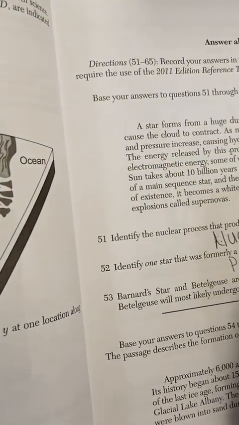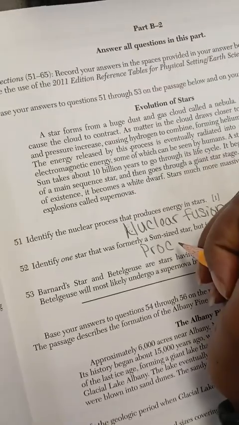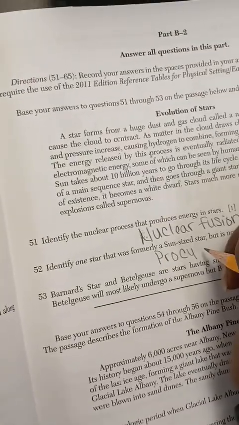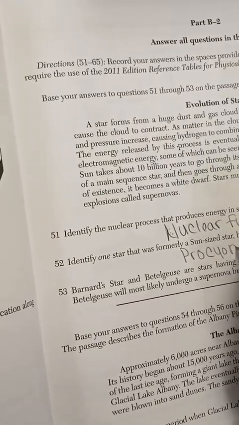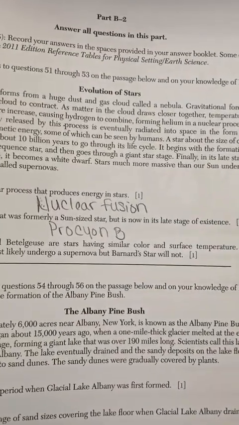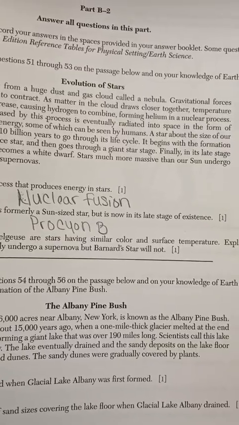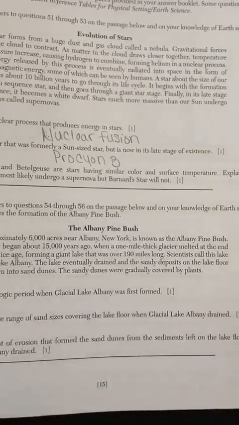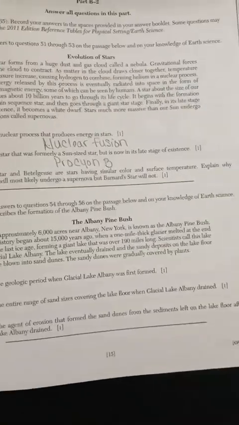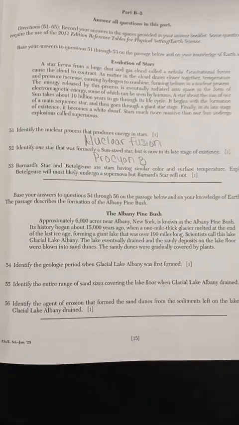Why? Because they both will go through the life cycle just like our sun and become a white dwarf at the end of their life. So I'm going to put down Procyon B. Of course, it's your choice which star you want to use, but you will get the answer correct, whichever one you choose. All right, so let's move on to number 53.